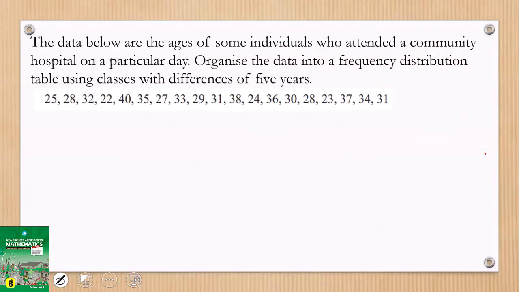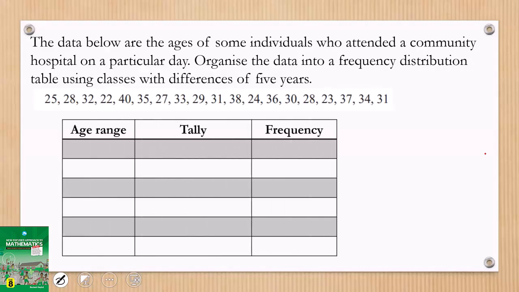Here, the data below are the ages of some individuals who attended a community hospital on a particular day. We have to organize this data into a frequency distribution table using classes with differences of 5 years. So we still introduce our table once again, and the lowest value that we see here is 22.